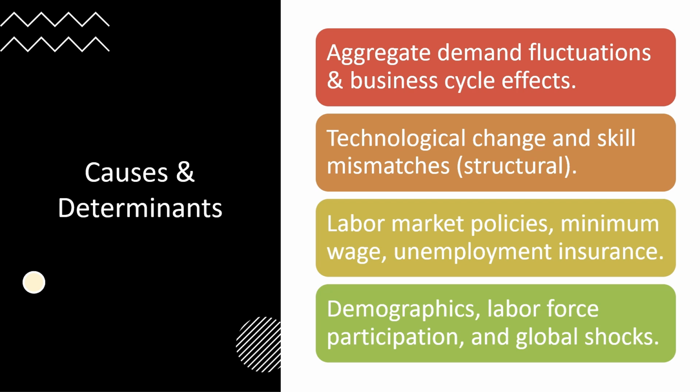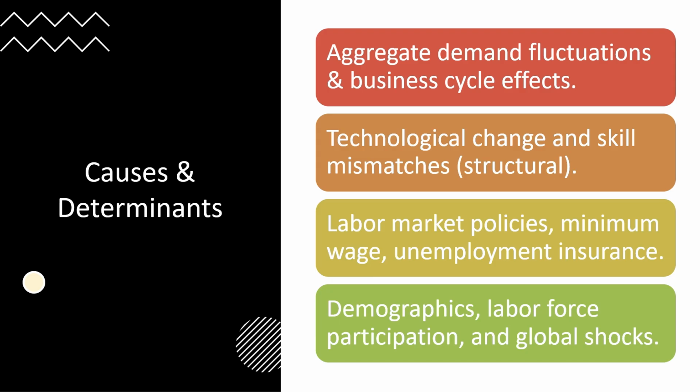And then, of course, demographics, labor force participation, and global shocks. Demographics: as the people in the economy become older, their experience changes, and so they might be looking for different jobs.